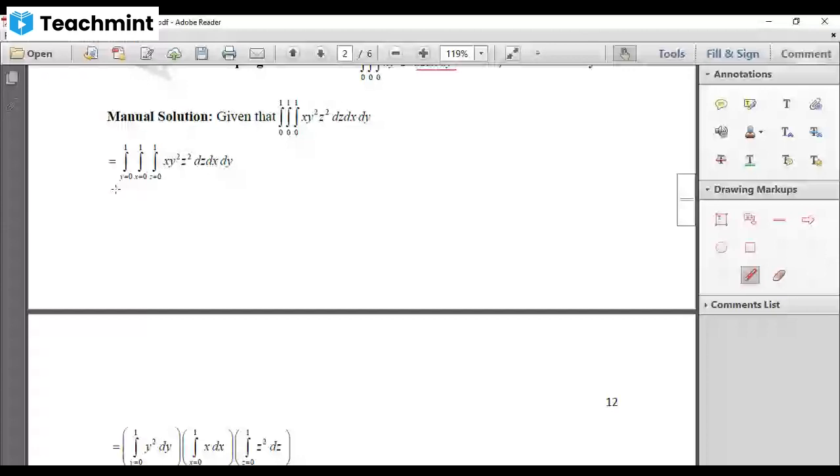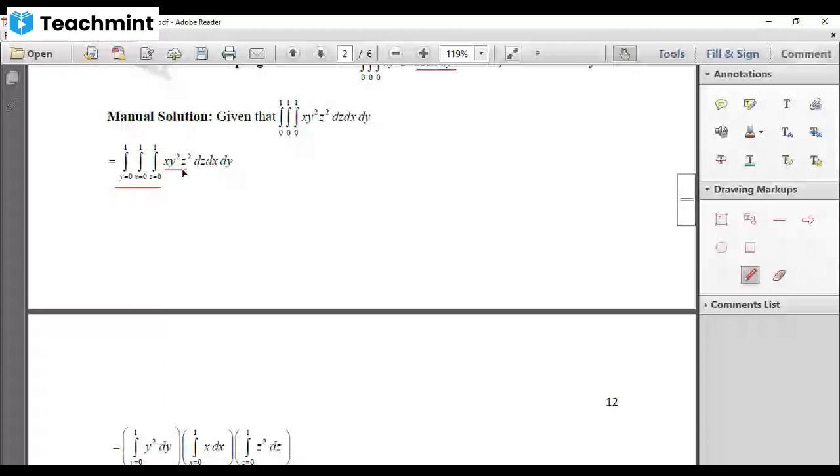Now the question is, remember in the limits, no variable is dependent on others. They are independent. And further, it is possible to express the function explicitly as separate functions involving variables x, y, z, because it is a product. So I can separate this one.